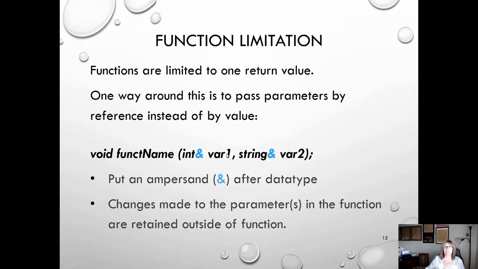When I pass by value, I'm just passing a copy of what is in those memory locations. When I pass by reference, I'm passing literally the address of those memory locations. So any changes that I make inside of the function permanently alter those memory locations.